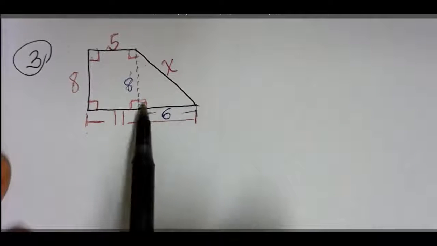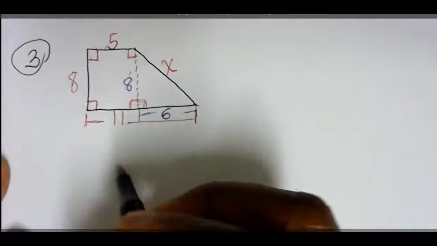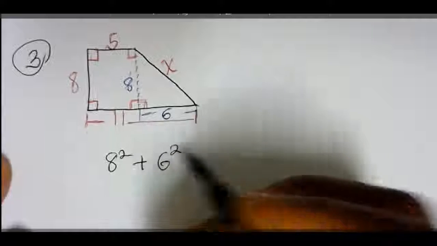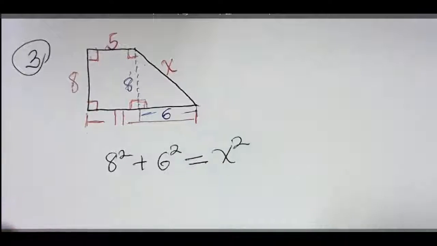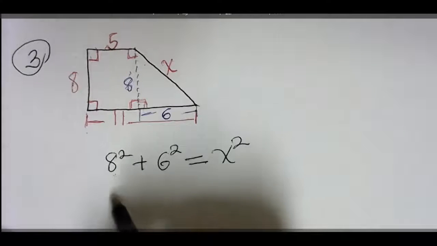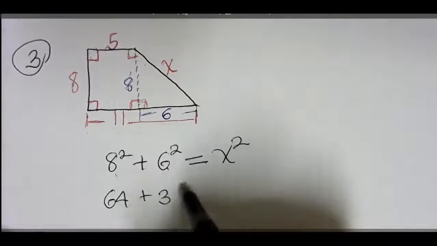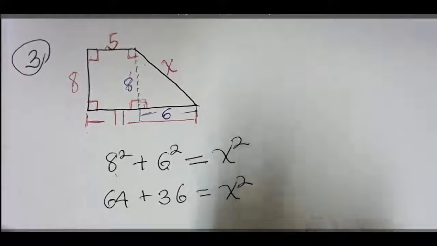And these are our two legs. So the 8 squared plus 6 squared would give us the x squared. 8 times 8 is 64. 6 times 6 is 36 equals x squared.